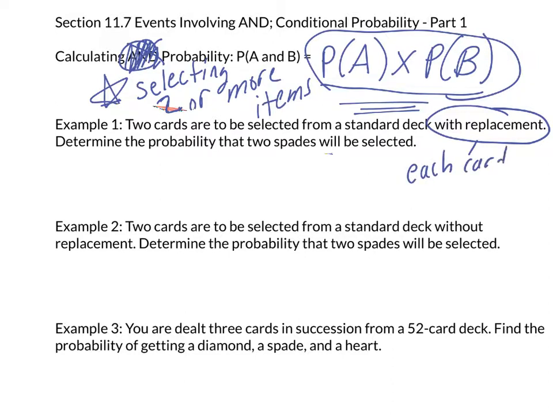With replacement means you could potentially draw the same card over and over again, since you've put each card back into the deck before your hand goes in to pick up the second card, and so on and so forth.